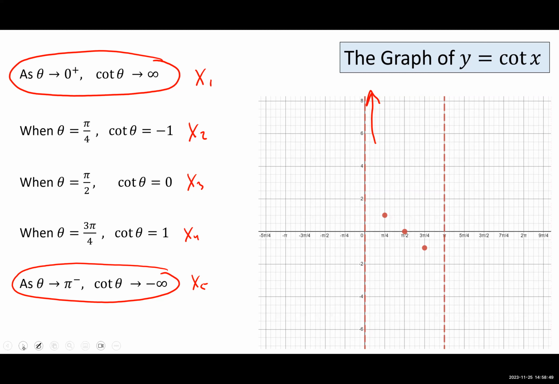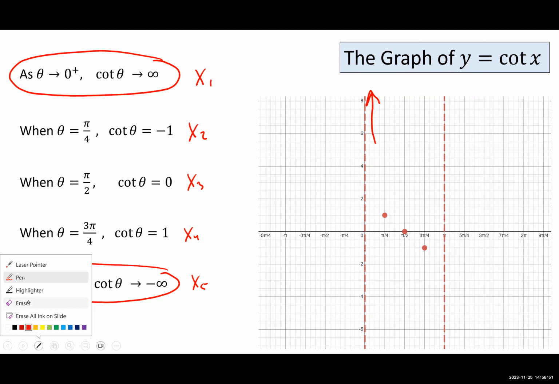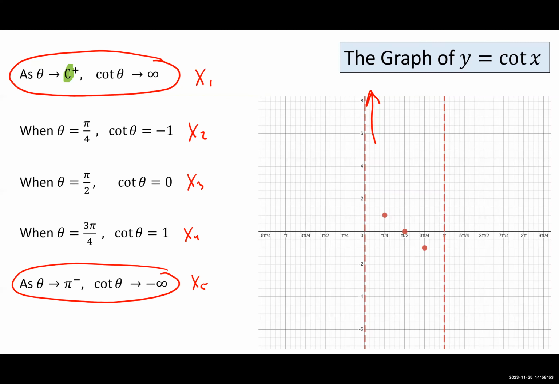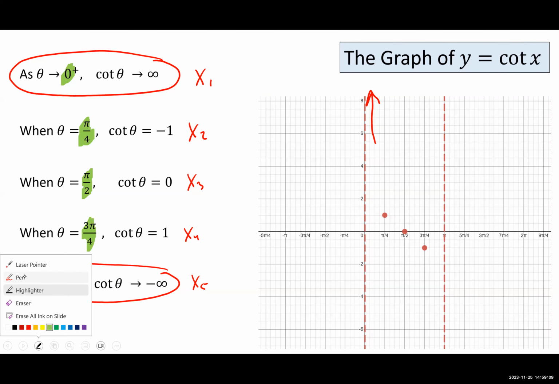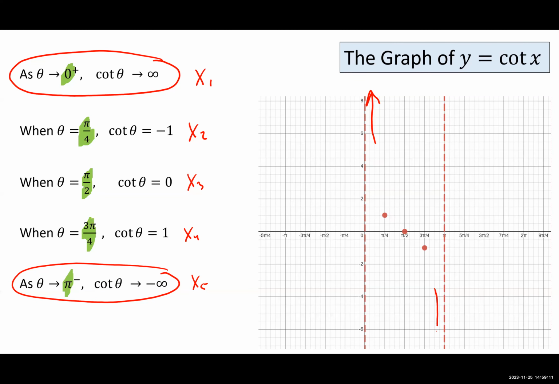That's 0, pi over 4, pi over 2, 3 pi over 4, and pi. Those 5 numbers, right? As the angle is getting closer to pi, or the x value is getting closer to pi from the left, the graph is going down to negative infinity.